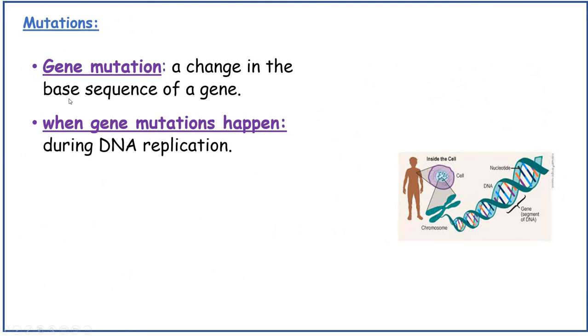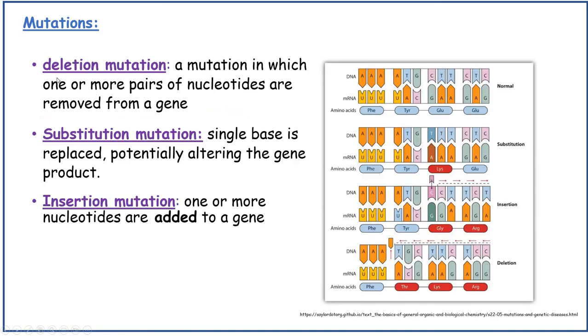Now looking at mutations. A gene mutation is a change in the base sequence of a gene. And gene mutations usually occur during DNA replication. So there's 3 types of mutations. You've got deletion mutation, which is where one or more pairs of nucleotides are removed from a gene.